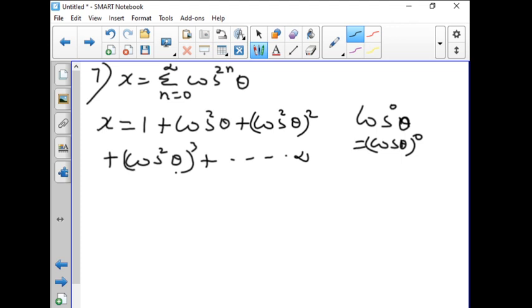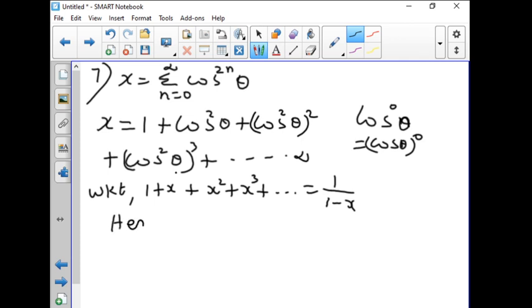Now a hint is given in your book. So what is the hint? In the question it is given 1 plus x plus x square plus x cube plus etc. is equal to 1 by 1 minus x. So here x is equal to cos square theta.